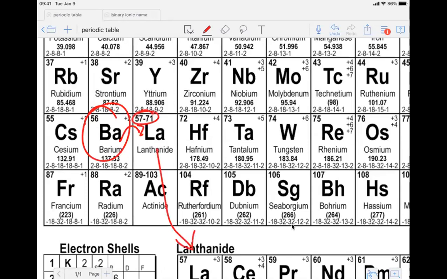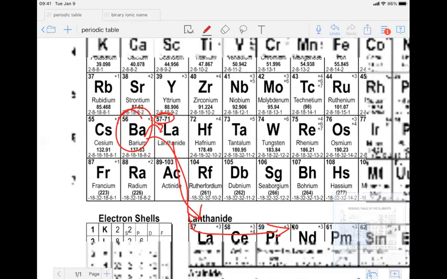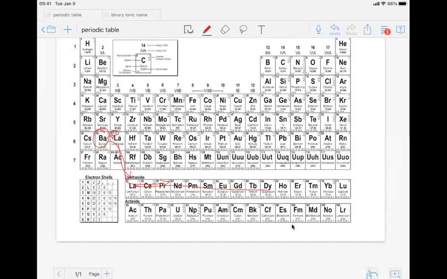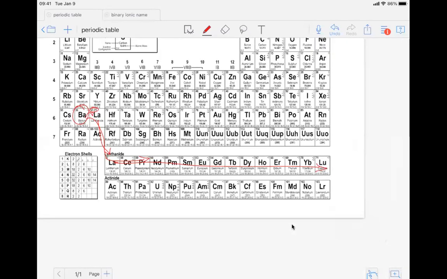So once you get to barium, you go down here and you fill in this group. So you go all the way through to, what is it, lutetium. Then once you get to number 71, you come back up here to 72. That's why I said follow the atomic number.